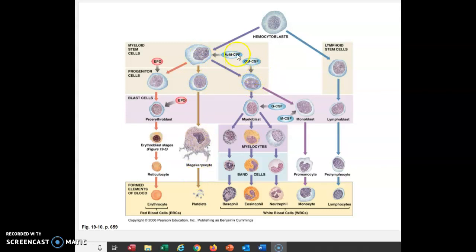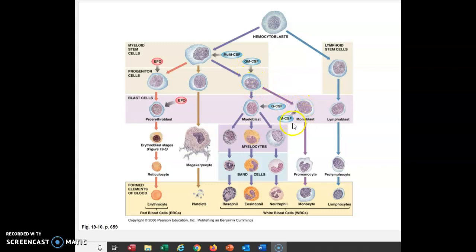All right, so let's say hemocytoblast is exposed to multi-colony stimulating factor, so now it's a myeloid stem cell. Then it's further exposed to granulocyte monocyte, which is GM, colony stimulating factor. Now, it will then be determined that it will either get exposed to the granulocyte colony stimulating factor or the monocyte colony stimulating factor.